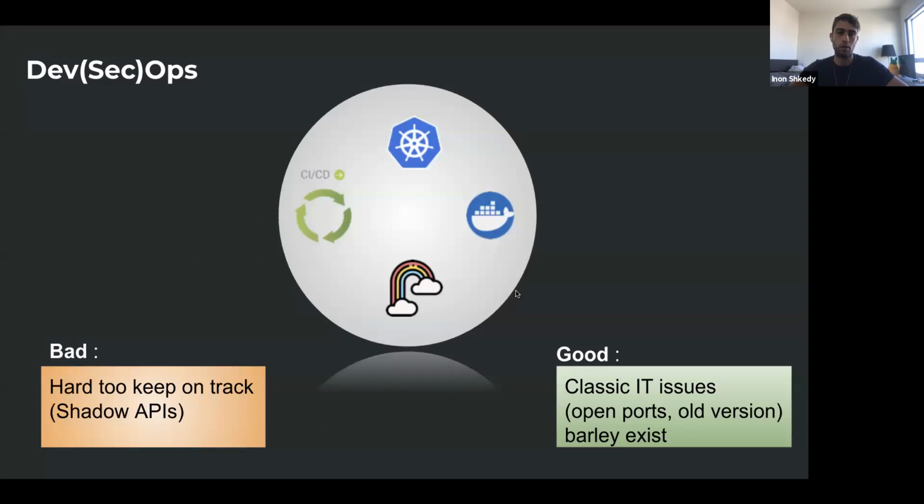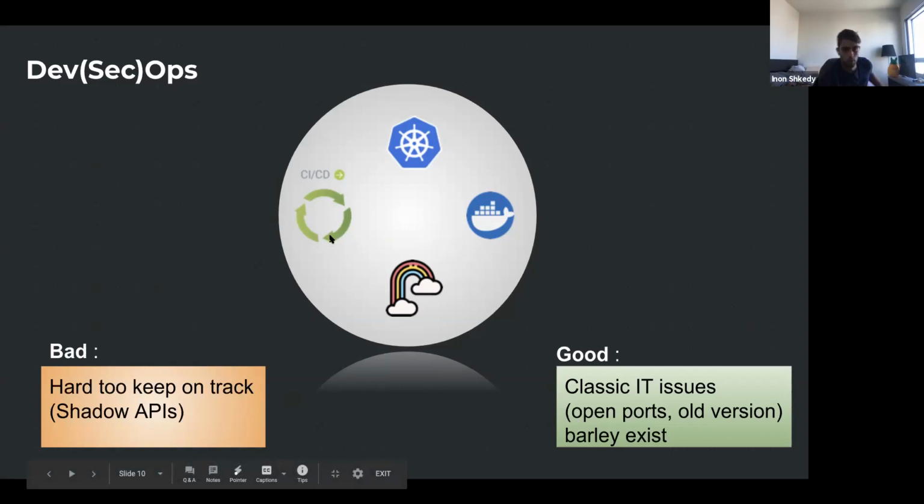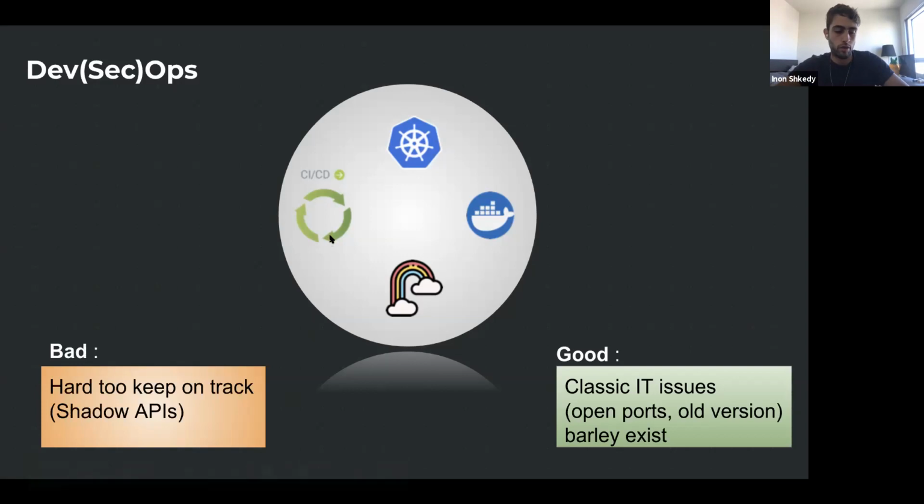A few other words about DevSecOps. Concepts like CI/CD, Kubernetes, Docker, and cloud environments bring good news and bad news. On the bad side, it's really hard to keep track of the APIs because it's too easy to spin up a new API. As we said, it leads to a situation that many companies have shadow APIs.